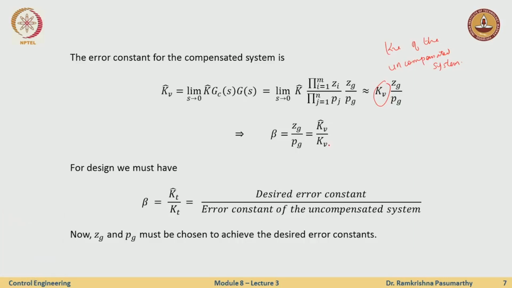This is known to me, right. This is from the given specification. So I can find out what is beta. So for the appropriate design, we must have beta as the ratio of the desired error constant to the error constant of the uncompensated system, which helps me in finding the location of Zg and Pg appropriately.